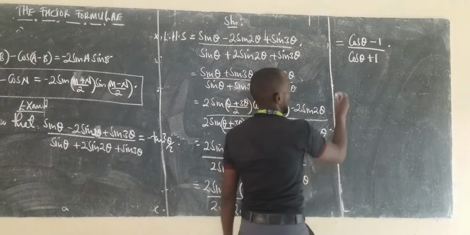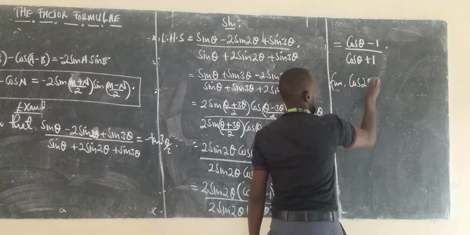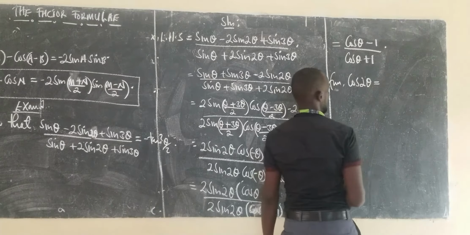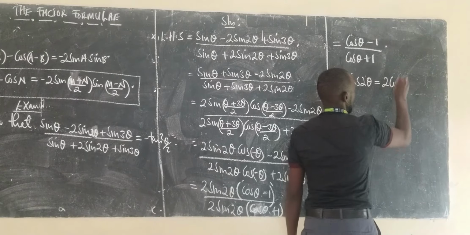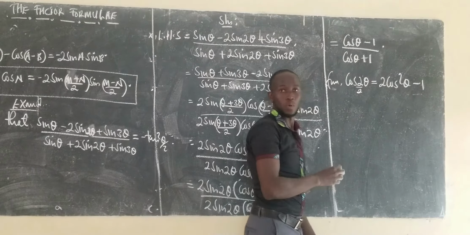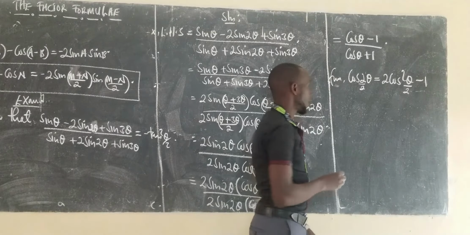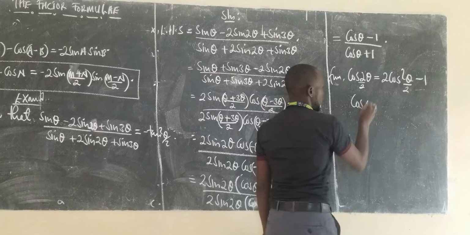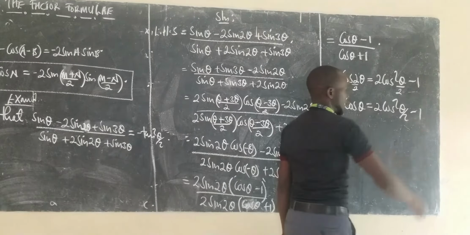Remember, from double angle, cos 2 theta equals 2 cos squared theta minus 1. When you divide this angle by 2, this angle shall also divide by 2 to get a half angle. So we shall have cos of theta giving us 2 cos squared theta over 2 minus 1.